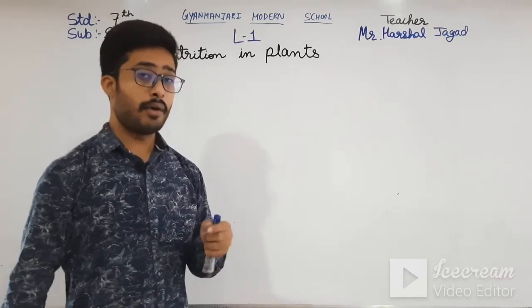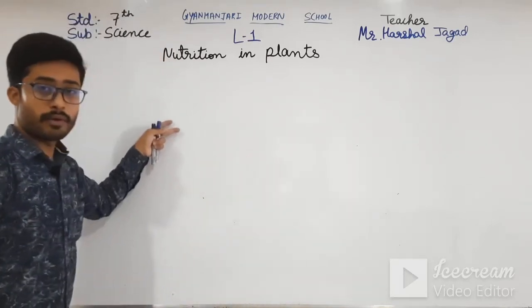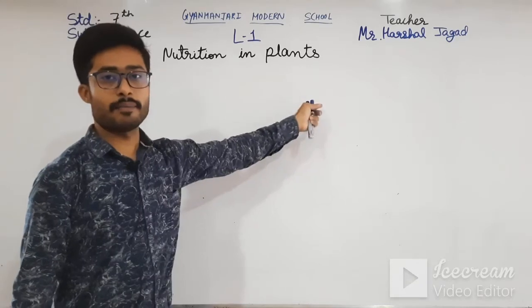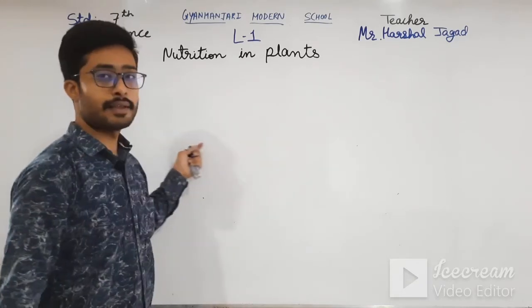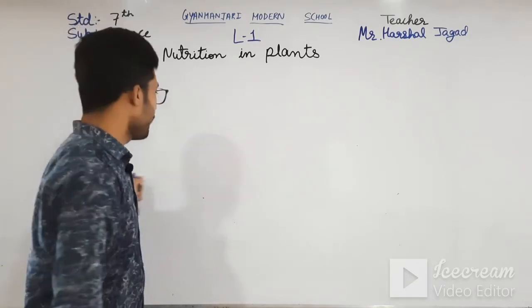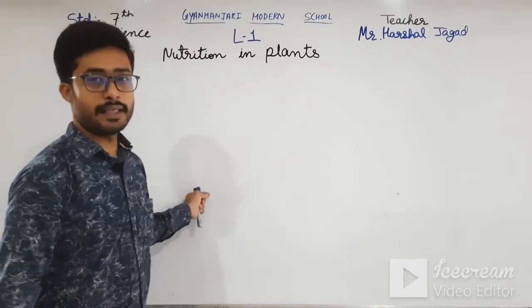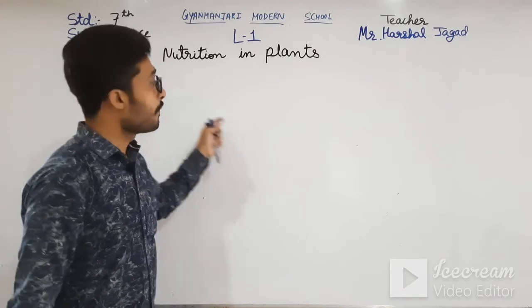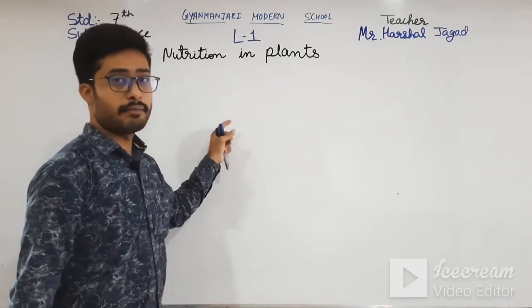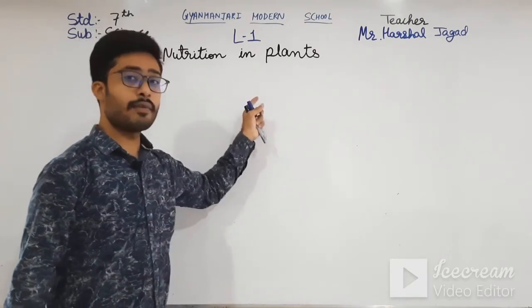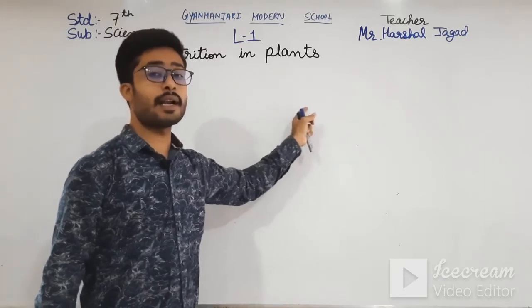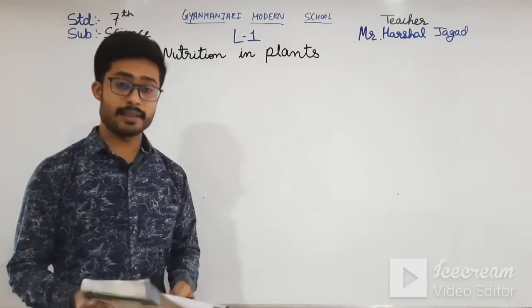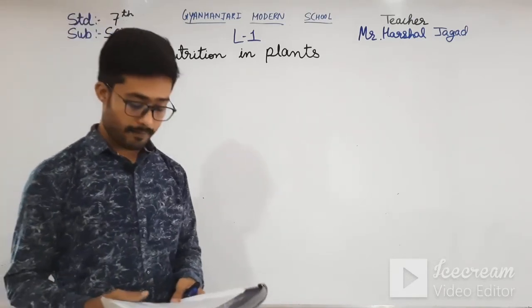I have told before that herbivorous animals eat plants and plant products, carnivorous animals eat other animals, and omnivorous animals eat plant products and other animals. So there is a cycle. We know that, from where does the plant get food? Okay students, here we can see where the plant gets food.